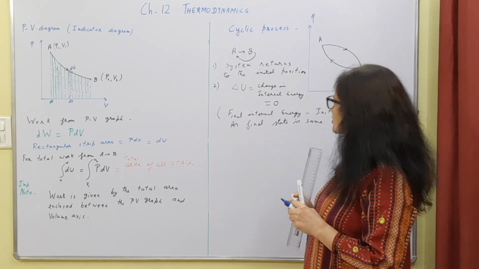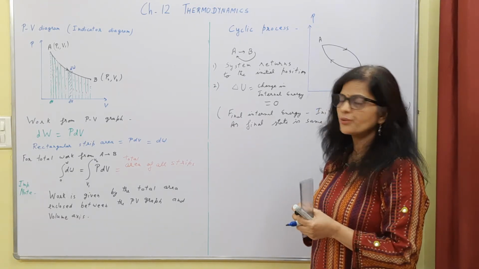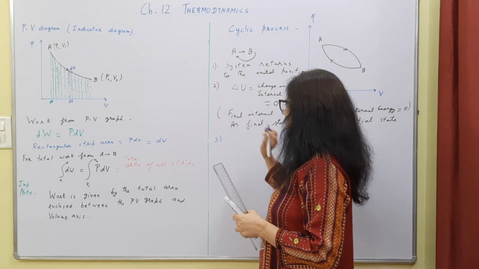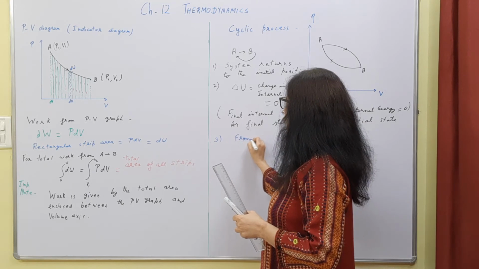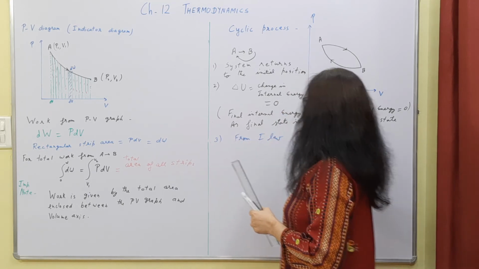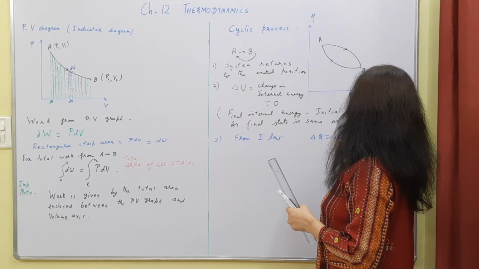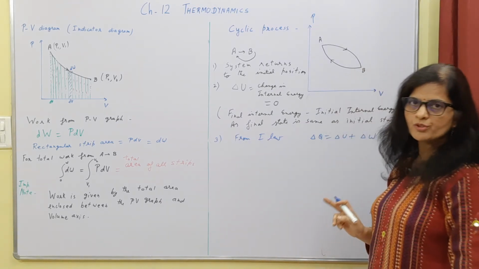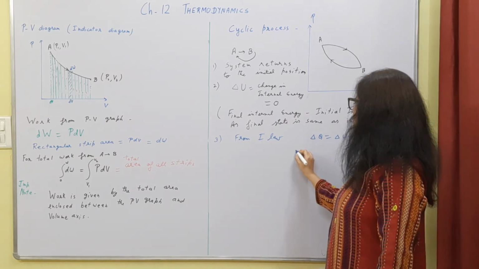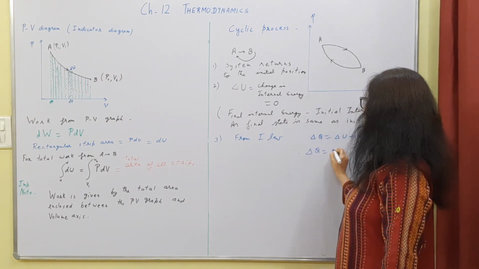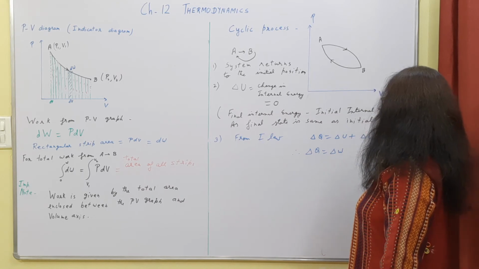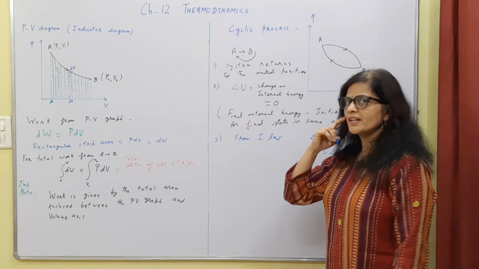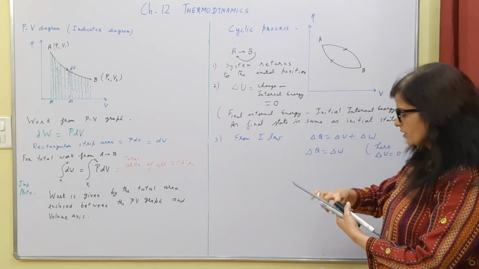So the change in internal energy is 0. What does that mean? The third point comes out from the first law. Delta Q is equal to delta U plus delta W. Since for a cyclic process delta U is 0, therefore delta Q is equal to delta W.